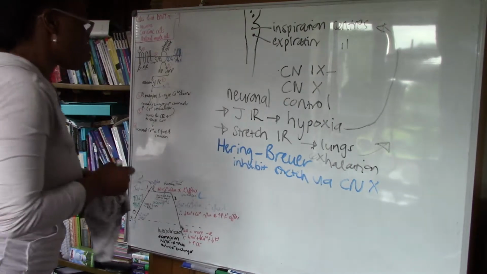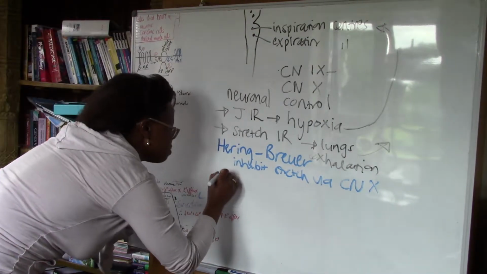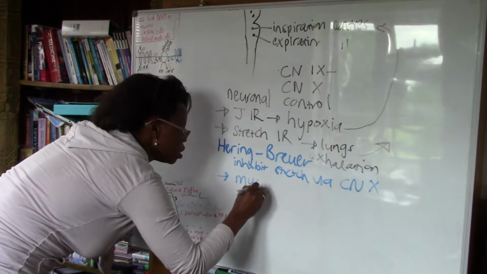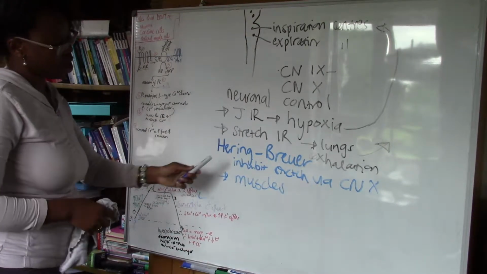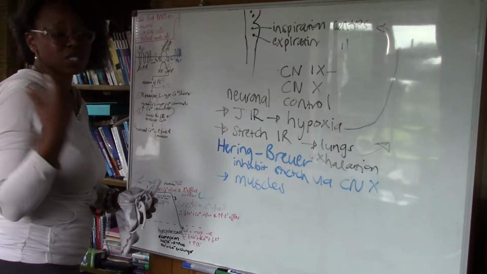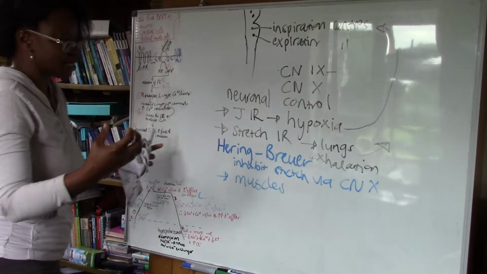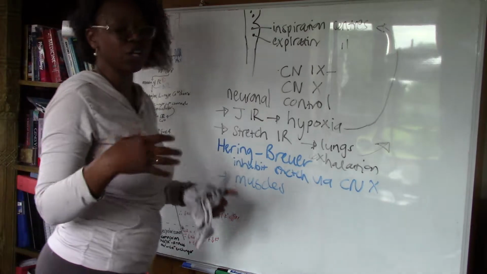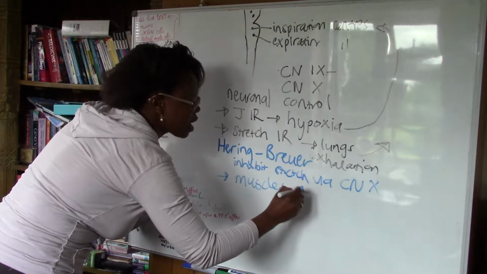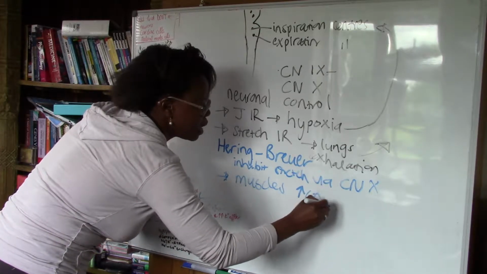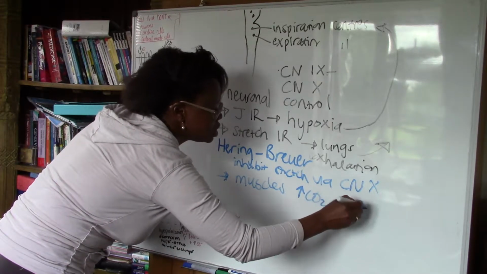And then we also have receptors in the muscles. All they do is, as one is exercising and exerting themselves and going into a higher metabolic state, they are increasing their carbon dioxide and also increasing their oxygen demand.